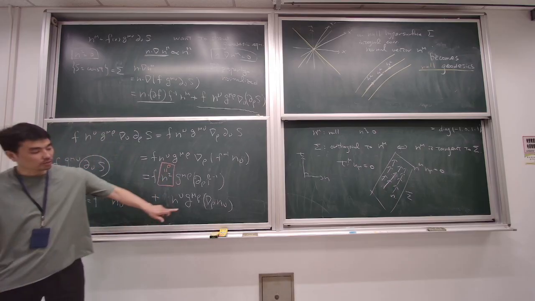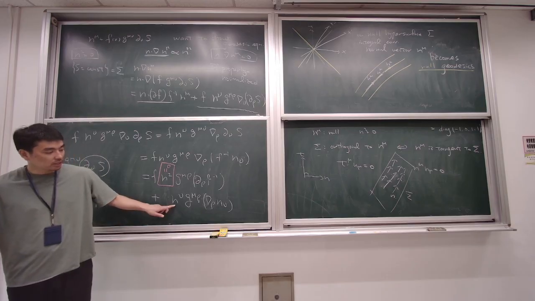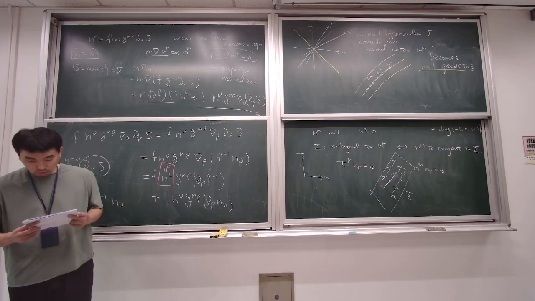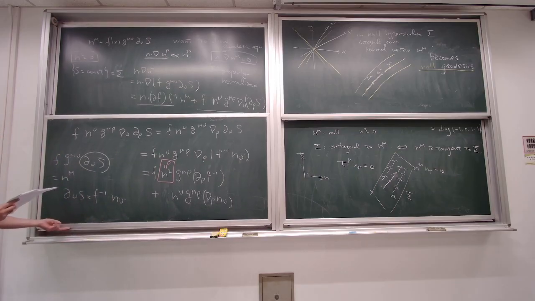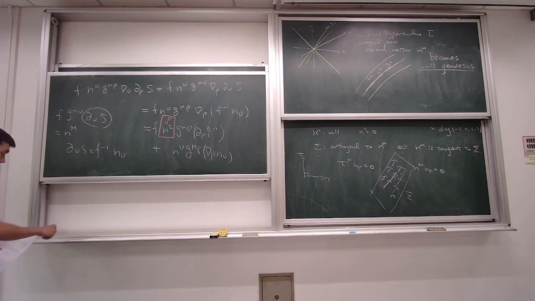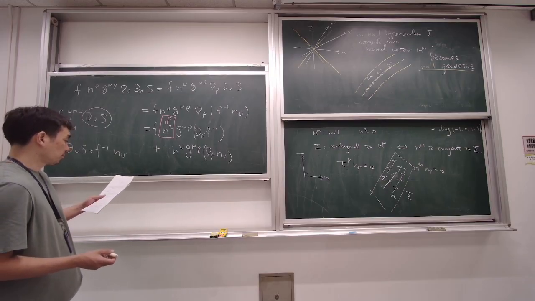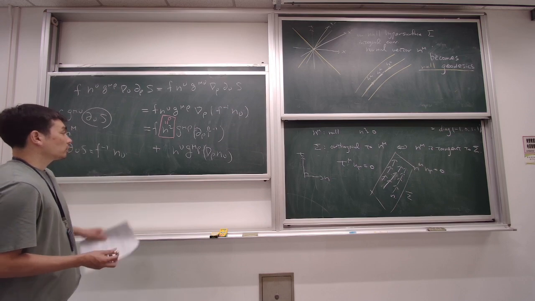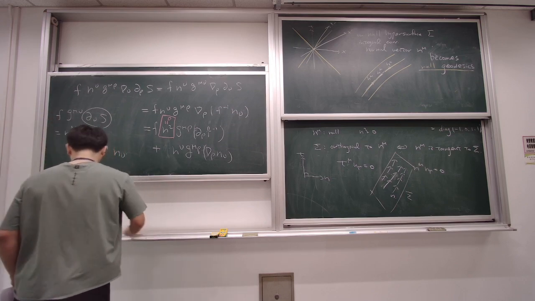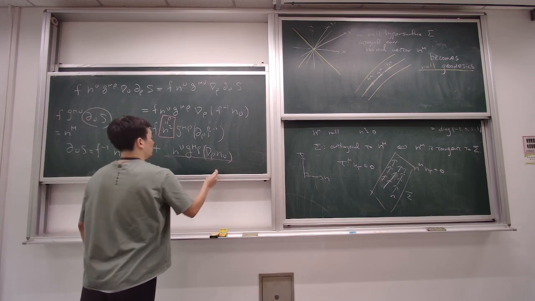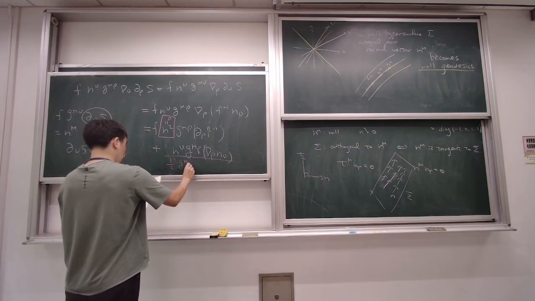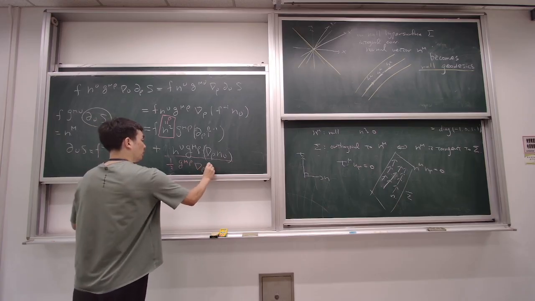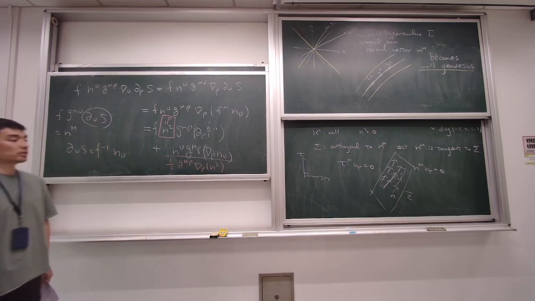The second term, we know that this is proportional to, yeah, so this guy is equal to 1/2 g mu rho nabla rho n square.